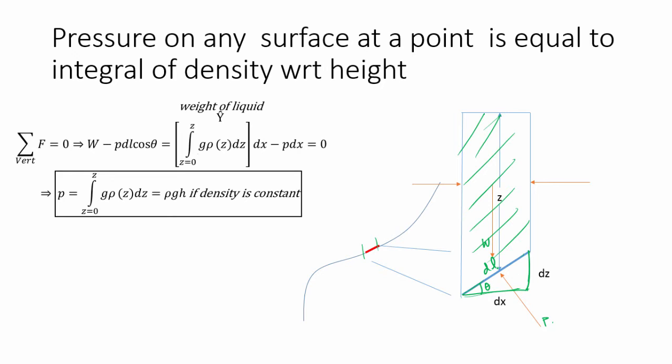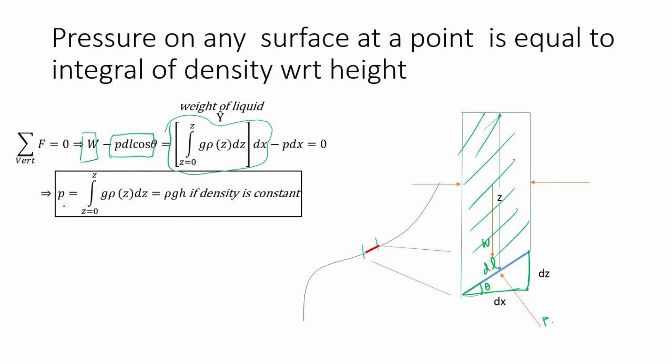And then the upward force will be dl cos theta times pressure. P dl cos theta is the upward force, balanced by the weight, and the weight is this much. So you can see the pressure will be the integral of rho g dz.